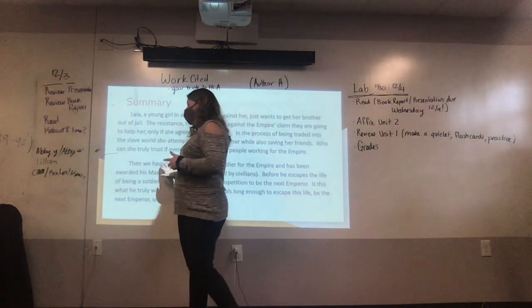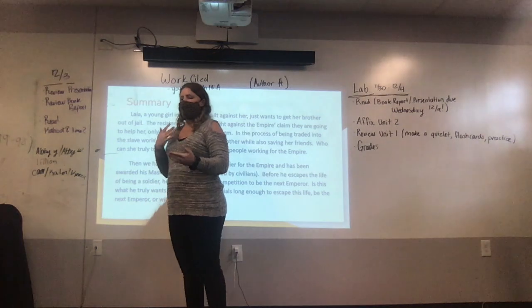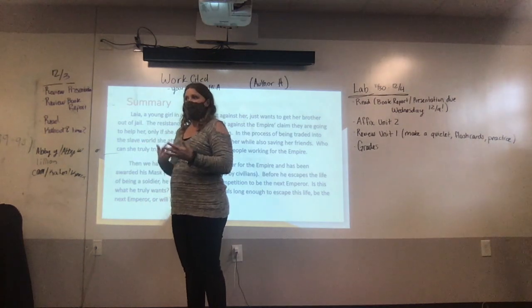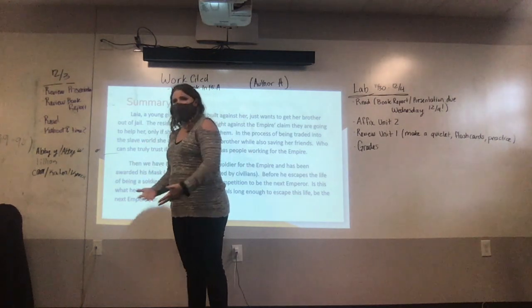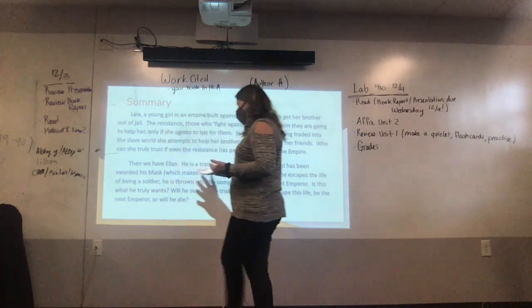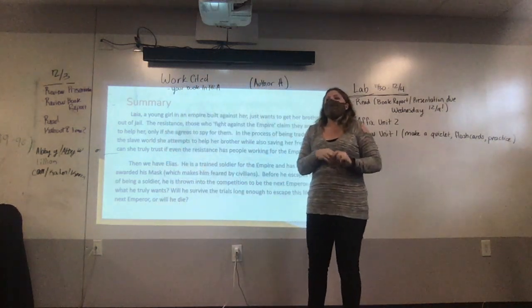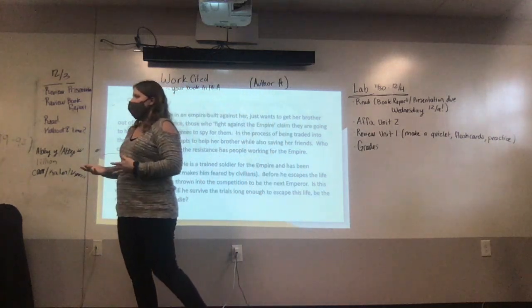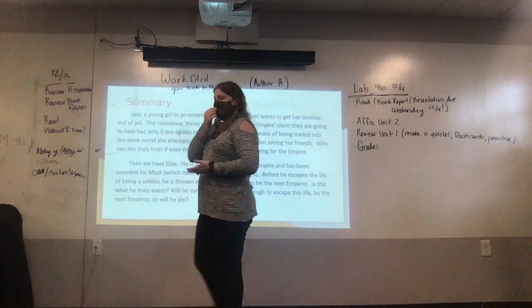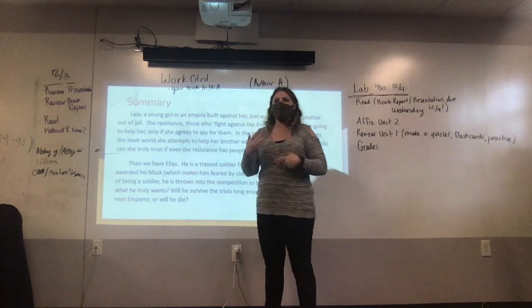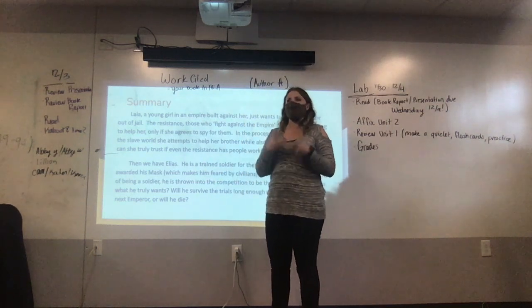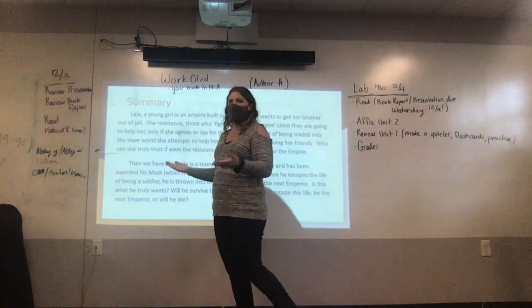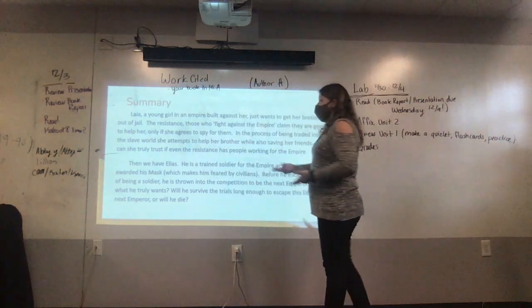So he's a son of a pretty well-up assassin, so it's kind of his role to be an assassin, and that's what he's been training for his entire life. At one point, he is actually admitted into a competition to be the next emperor, so he spends most of the book trying to compete in that so that he can make a change in the empire and do better for the world.